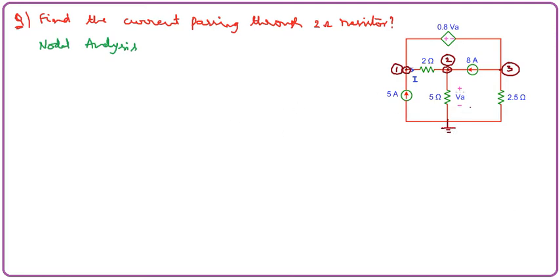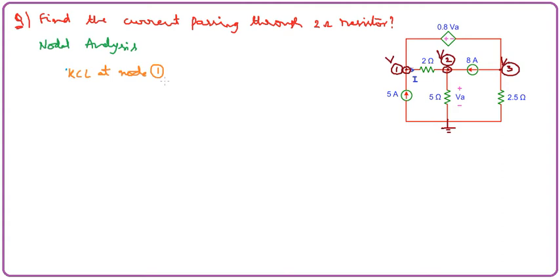So definitely the voltage at node 1 is V1, the voltage at node 2 is V2, and the voltage at node 3 is V3. Now let us see what different equations we can find. Let me write KCL, Kirchhoff's current law, at node 1.